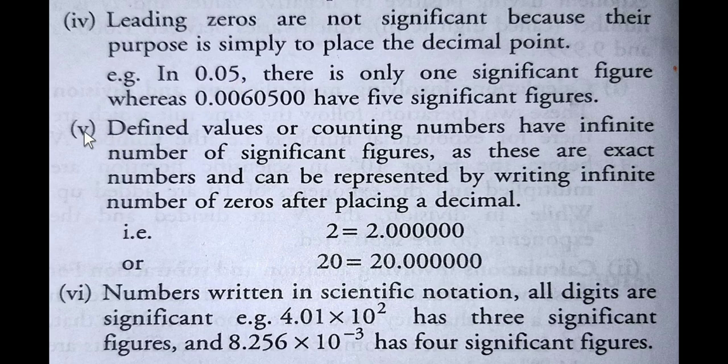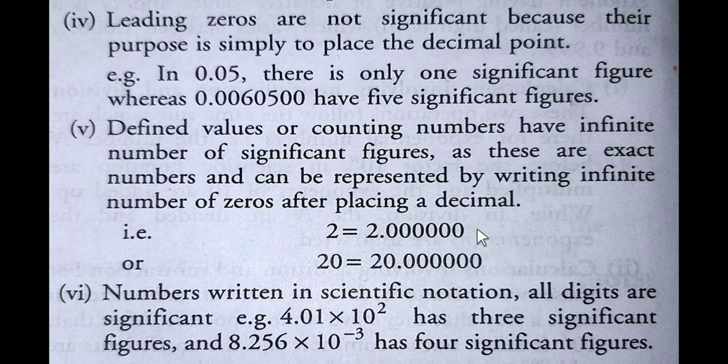Rule 5: defined values or counting numbers have an infinite number of significant figures, as these are exact numbers and can be represented by writing an infinite number of 0s after placing a decimal. For example, 2 we can write as 2.00000 and so on.